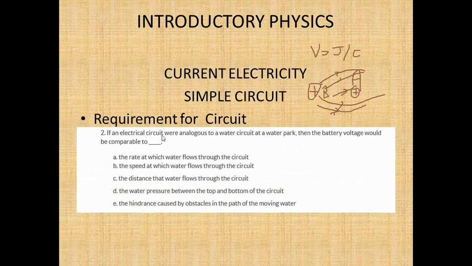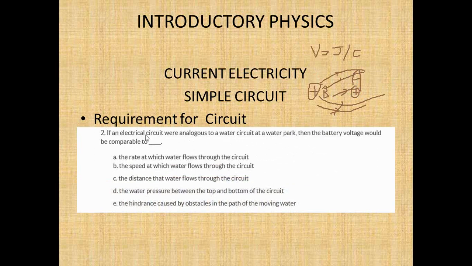If an electric circuit were analogous to a water circuit at a water park, okay, so on the top of the thing, there's some energy source that gets the water to the top of the water park, then the battery voltage would be comparable to what?